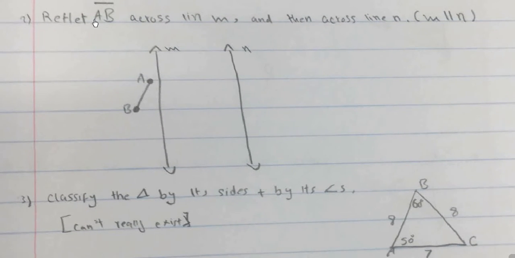Now this one says reflect the segment AB across line M and then across line N, knowing that M and N are parallel. So just to reinforce here, parallel means they never intersect.